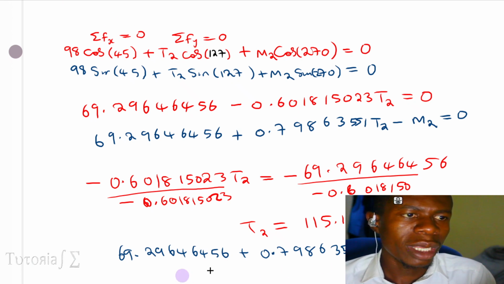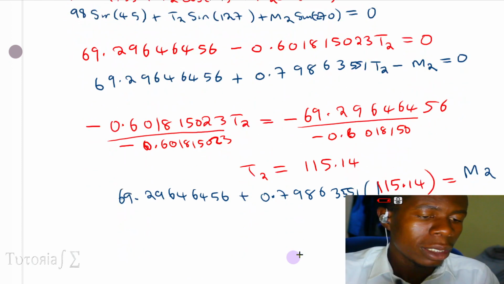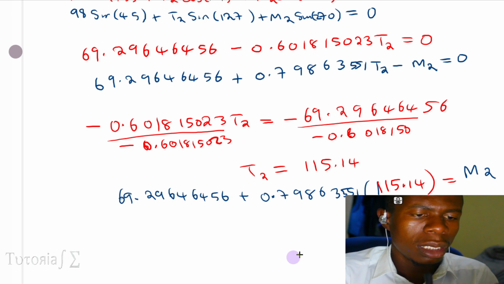So we can simplify this to get our M2. So this is 69.29646456 plus 0.7986 times 115.14.